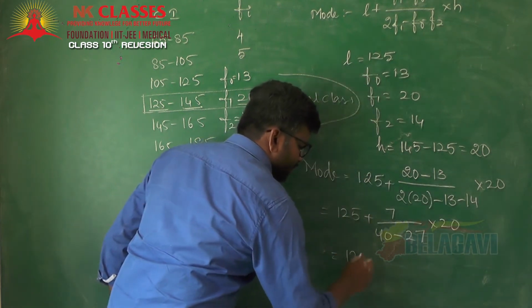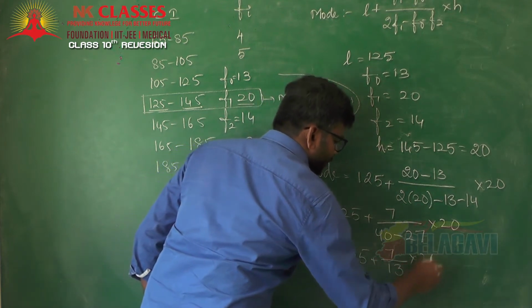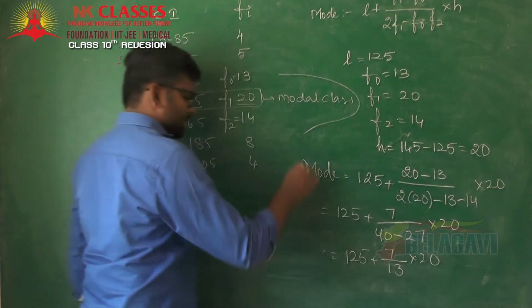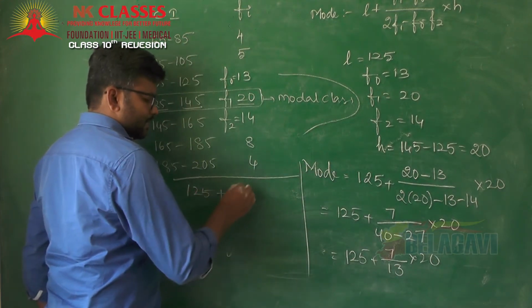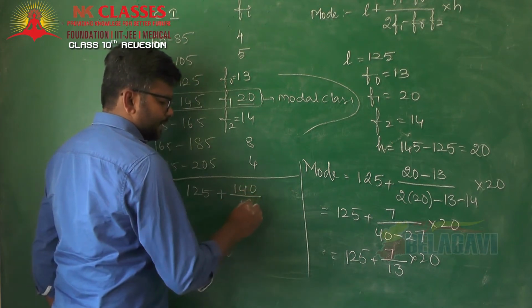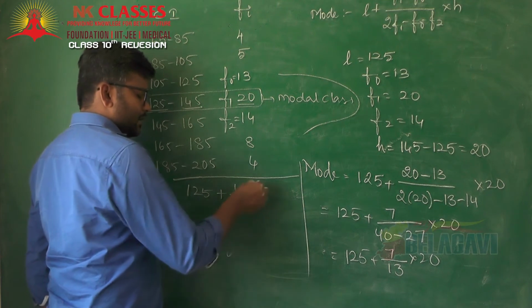Which is equal to 125 plus 7 by 13 into 20. 20 into 7 is 140, so 125 plus 140 by 13.